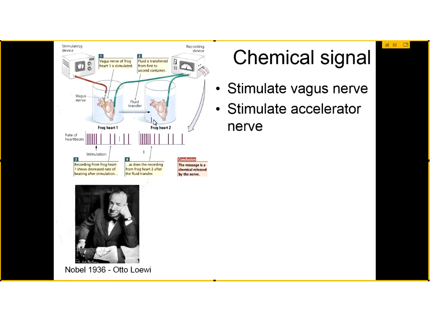And as that fluid was transferred over, we'd see that the second heart would start to speed its beating as well. And after he took that fluid and isolated it, the chemical in there was epinephrine. So epinephrine caused the heart to beat faster, whereas acetylcholine caused the heart to beat slower.